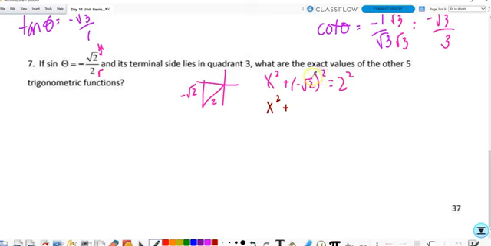So when you square a square root, it undoes itself. That's their inverses. And negative times negative is positive. So we get x is root 2. But we're to the left of the origin, so we need the negative there. I recognize this. This is our pi over 4 triangle.